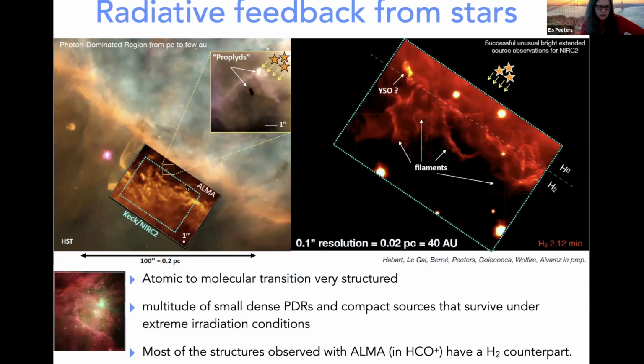And we recently also observed near-infrared Keck data in molecular hydrogen, and we see a very high degree of substructure, filaments, etc., on a scale which is much smaller than the spatial scale for JWST. And so that means that even for the Orion bar, JWST spatial resolution may not be sufficient to really go into the finest details.